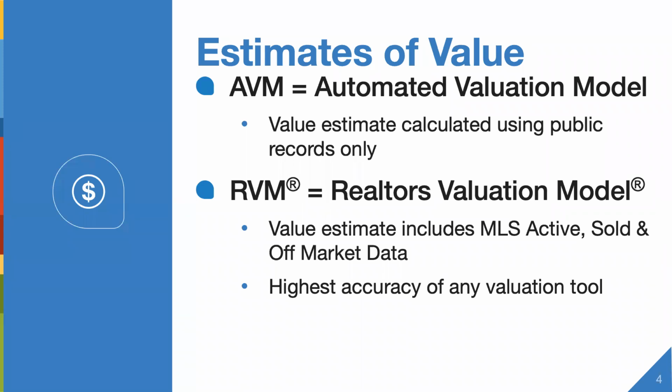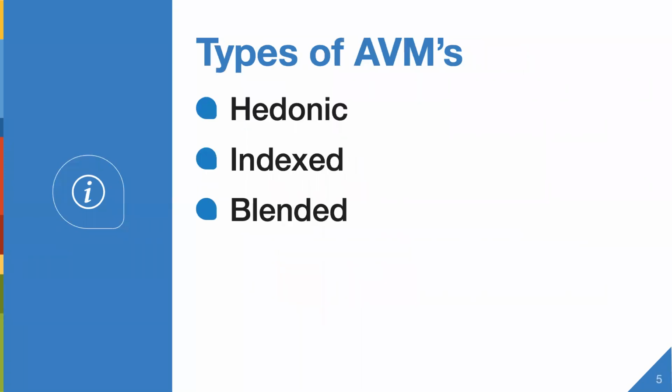We have an RVM, which is the Realtor's Valuation Model. So we take all that public available information also, but we're adding in all of your MLS, active, sold, and off-market data. So we combine the two databases together, which gives the highest accuracy of any valuation tool out there on the market. Now, there are three different types of AVMs.